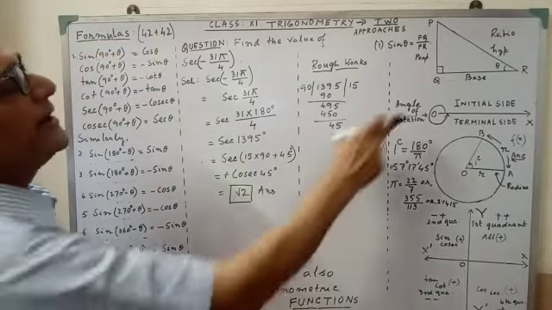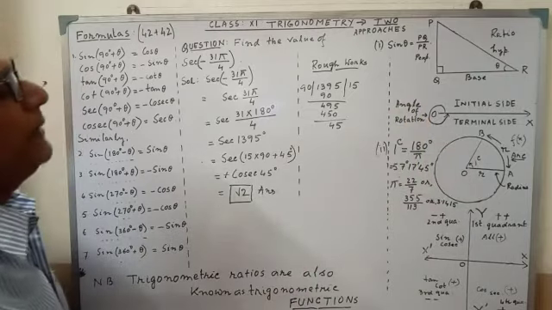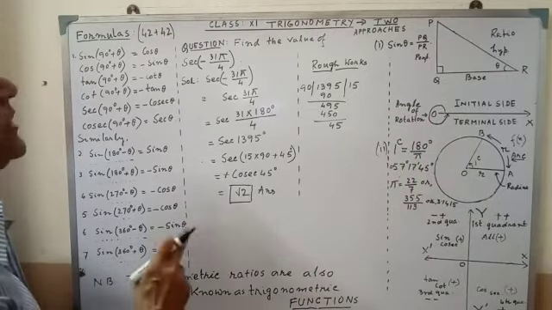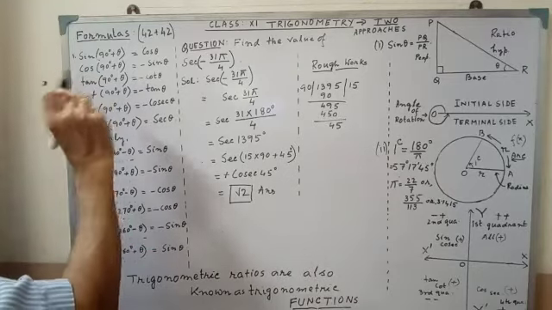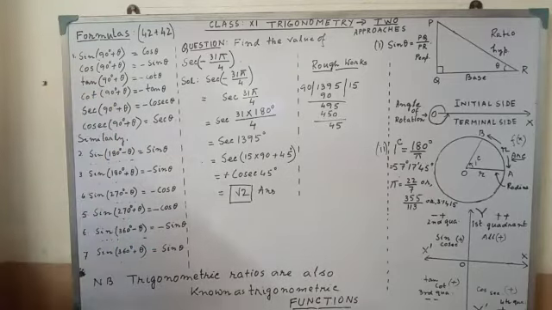And to understand this, a recapitulation is needed. That is, you have learned sine minus theta, cos minus theta, tan minus theta.